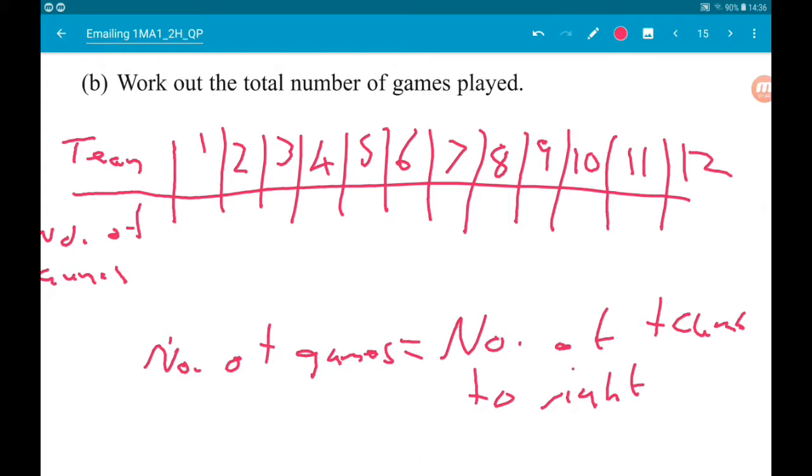So, for example, team 1 has 11 teams to the right. So, if we imagine they play the teams in this order, then team 1 would play 2, 3, 4, all the way up to team 12. So, team 1 would have 11 games to play.